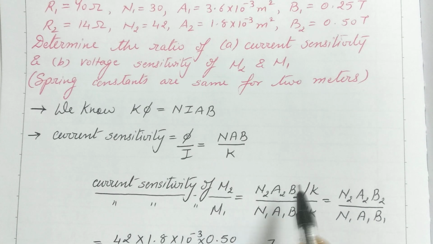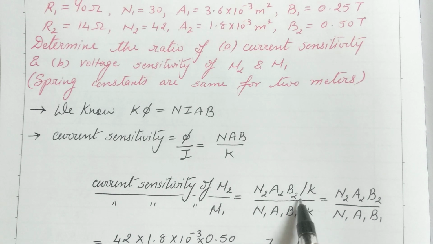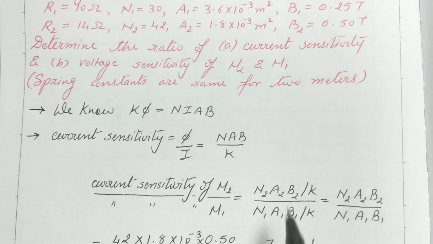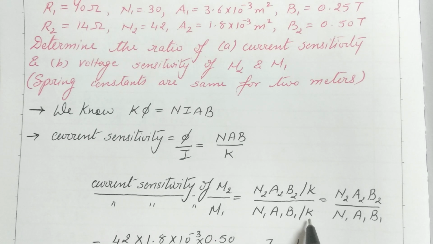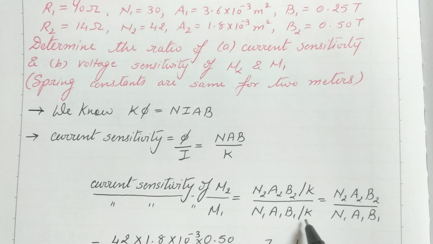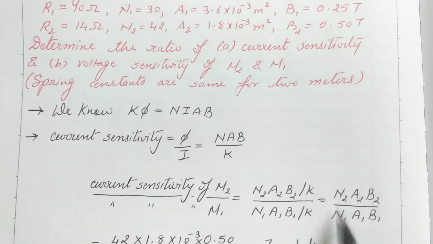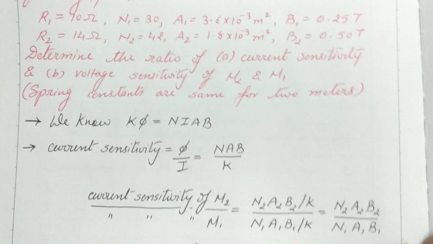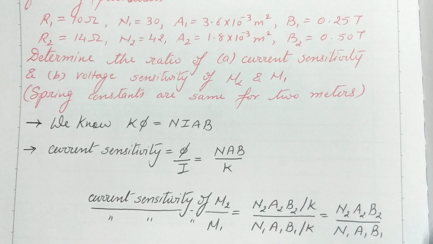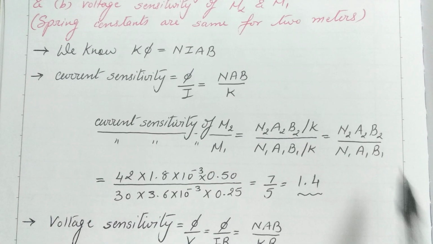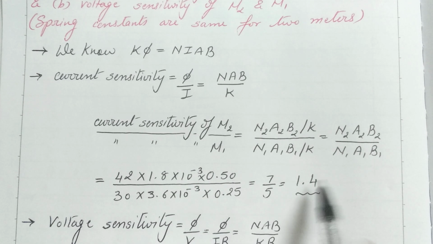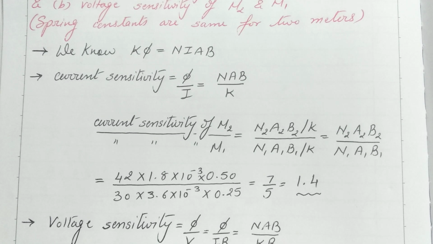So for M2 I can write N2A2B2 divided by K, and for M1 I can write N1A1B1 divided by K. This K will get cancelled and we will be left with this equation, and from the given values we can substitute the values in this equation. We can solve it and obtain the answer as 1.4.